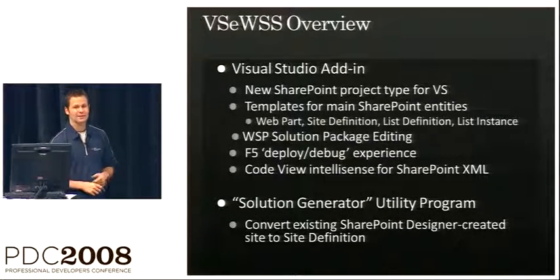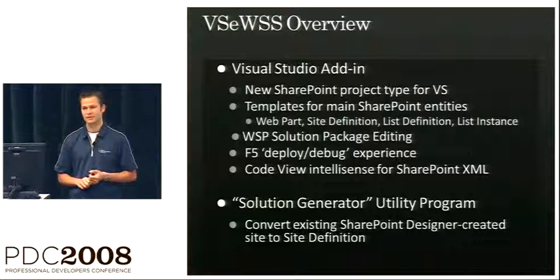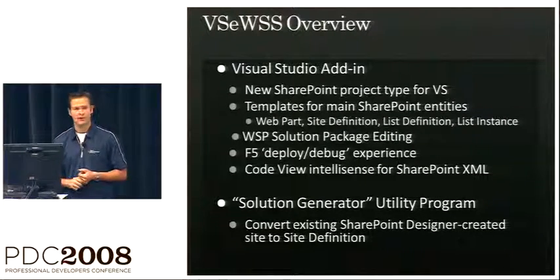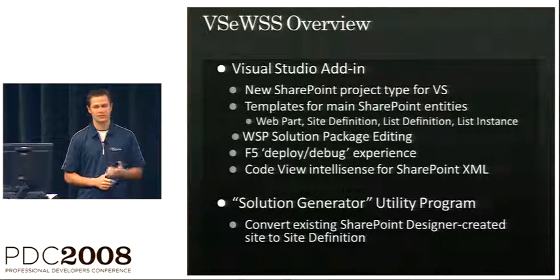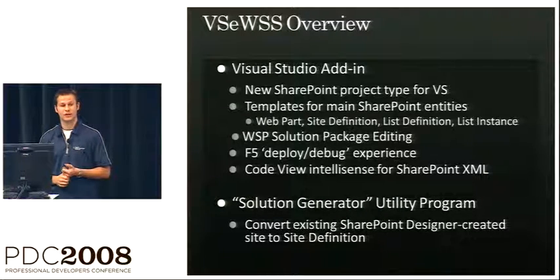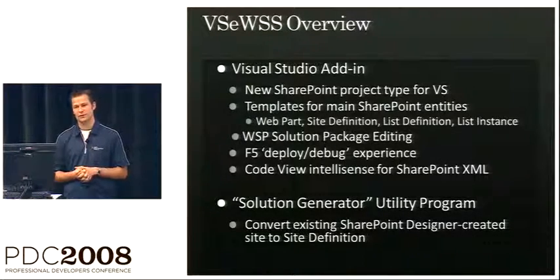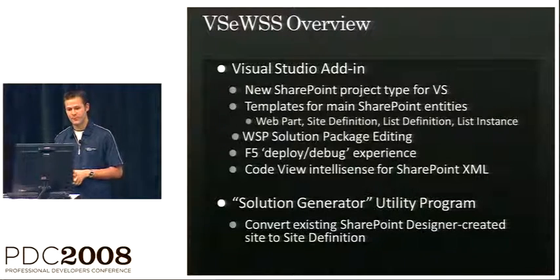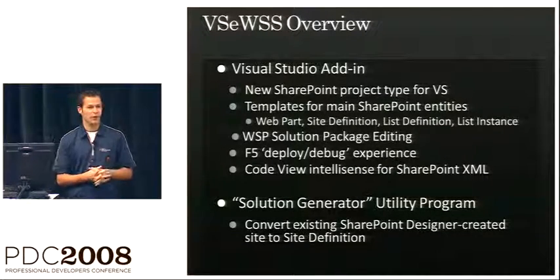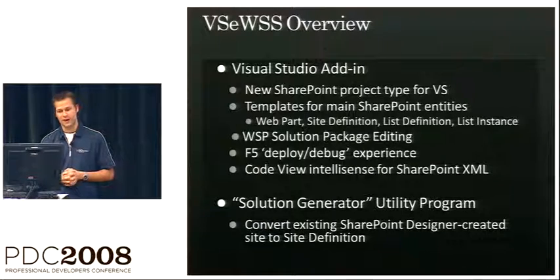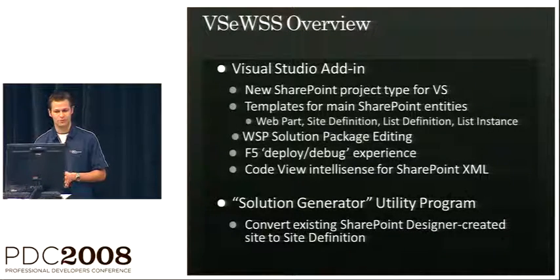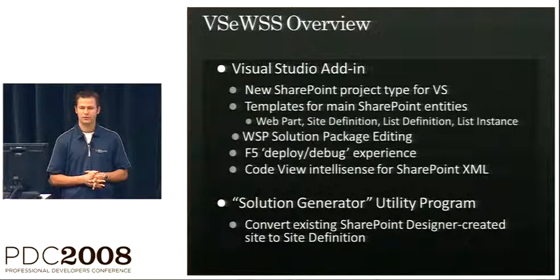So VSE WSS is the acronym for the Visual Studio extensions for WSS. We're currently at version 1.2, which is the Visual Studio 2008 version. 1.1 is functionally the same, but runs for Visual Studio 2005. We came from 1.0 a wee while ago and recently released 1.2. It consists of two parts.